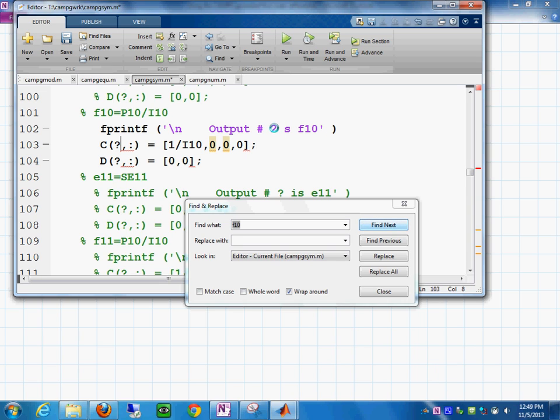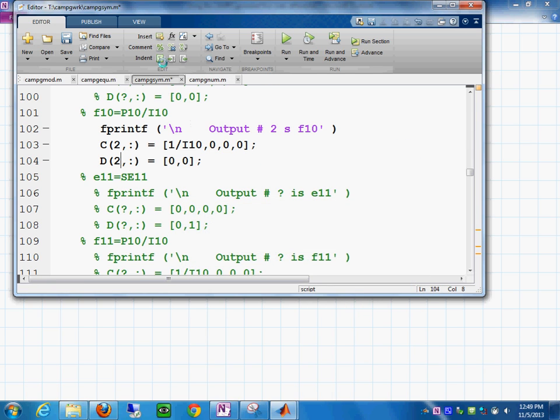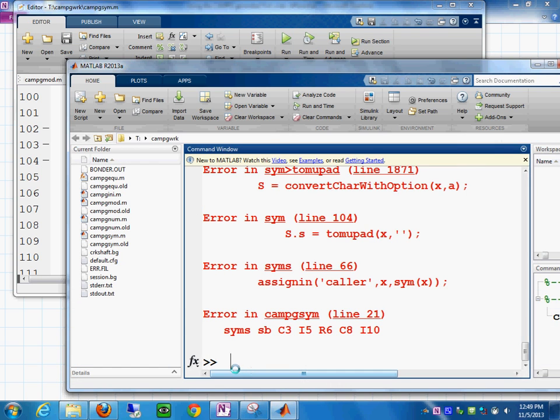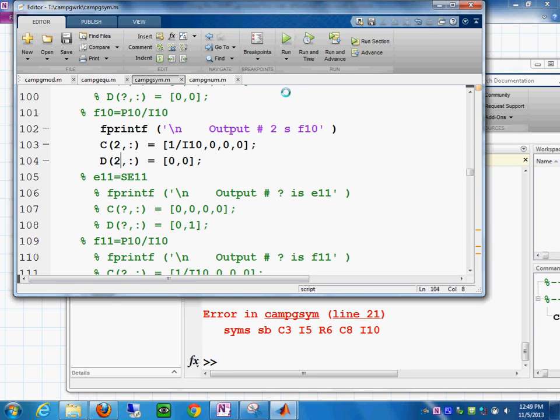We have to do this because CAMPG, to start with, doesn't know which output you need, but now it does. So if you run it here, look what will happen. If we look at the MATLAB window over here, we can run this.